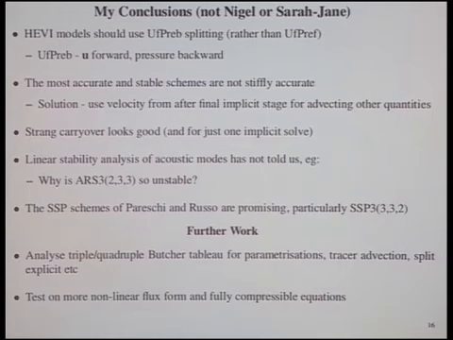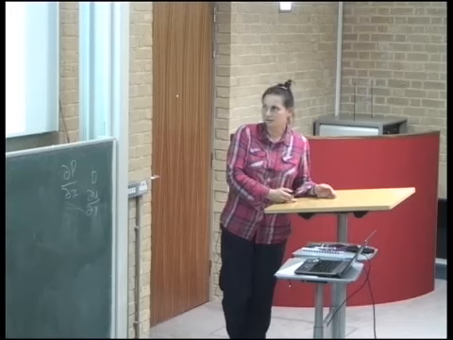So for further work, I'd like to look at triple or quadruple Butcher tableaux, because there are more terms in the equations. For example, should the advection have yet another time-stepping scheme, and tracer advection and nonlinear advection, split explicit could be defined as another Butcher tableau.